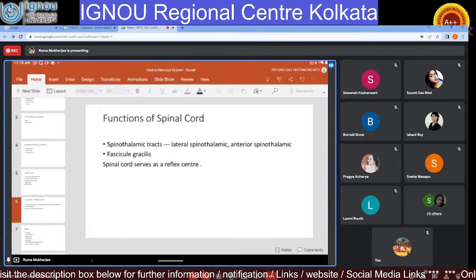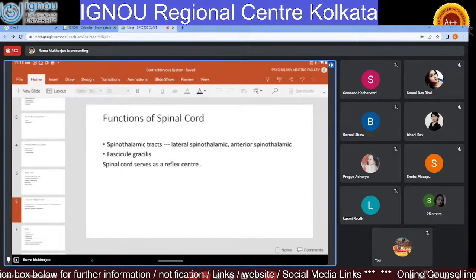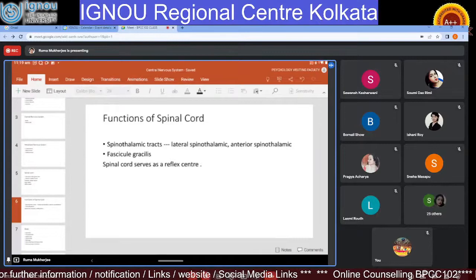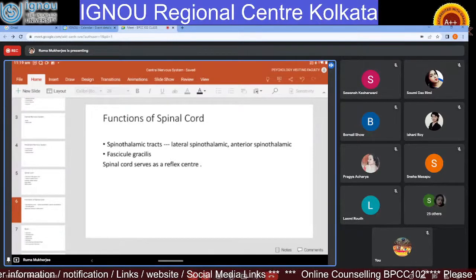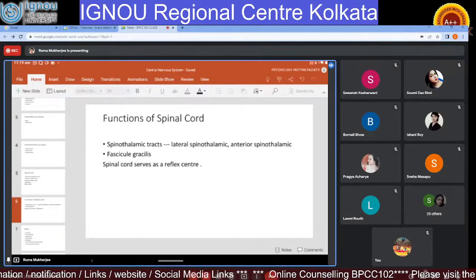I am again repeating: kinesthesia is the awareness of the position and movement of the parts of the body by means of sensory organs in the muscles and joints.